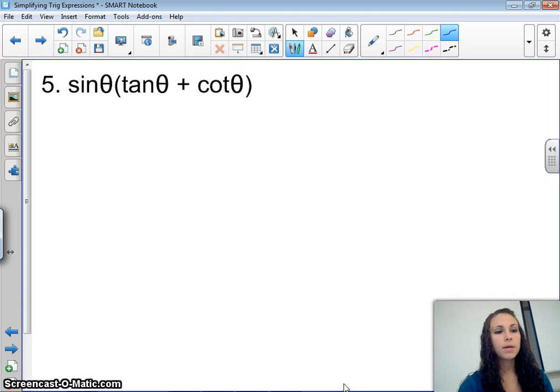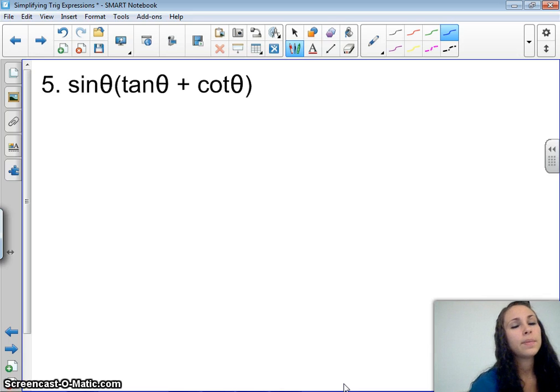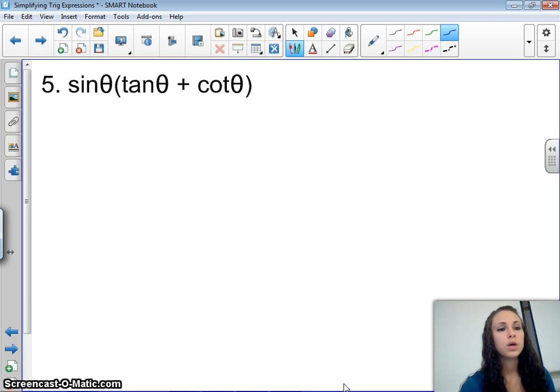Alright, number 5. Now, this one, I can't really get a common denominator. The GCF, the sine, is already factored out. And with these, there's a couple of different ways you could go about doing this. I could go ahead and turn everything into terms of sine and cosine, and so that's typically what I do. There is a different way you could do this one.